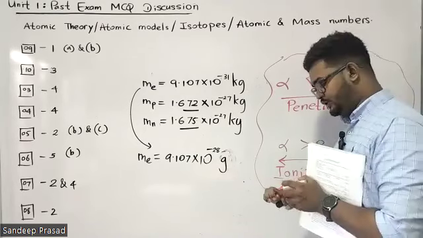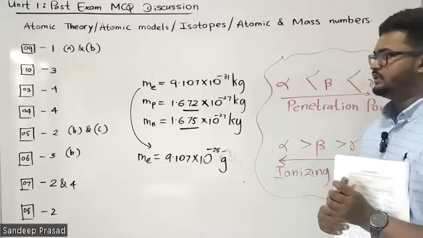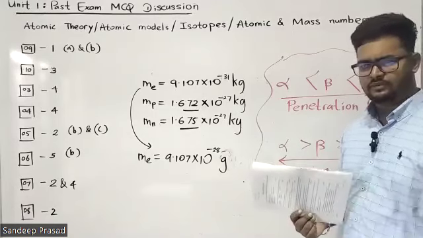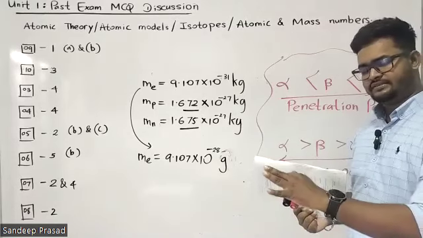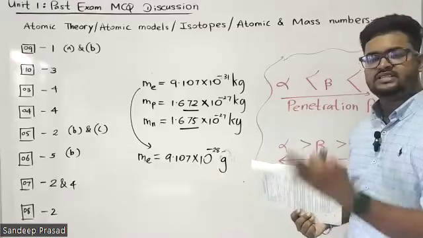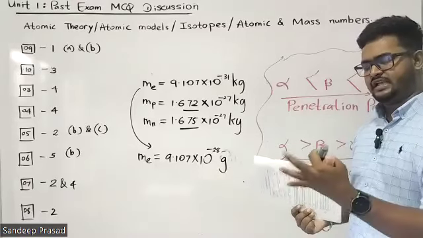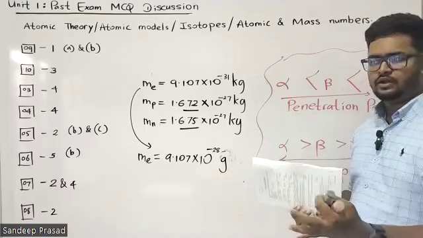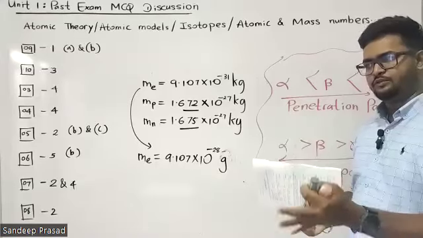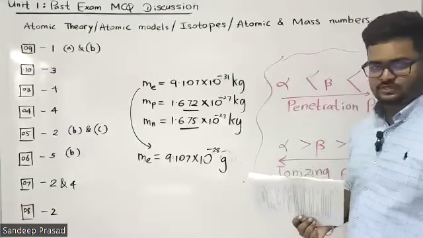When we discussed the cathode ray experiment, I told you that in an electric field or a magnetic field, electrons and alpha particles deviate, but gamma particles do not deviate. The reason is gamma particles are not deflecting towards any pole, positive or negative, because they are neutral.